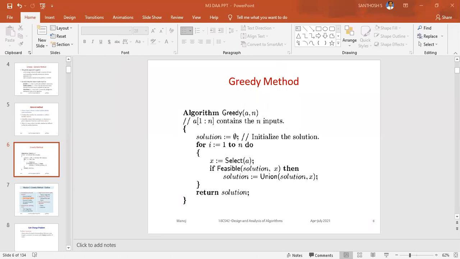Yes. What is step one? So there are two or three steps total, two steps. Okay. So in that, which is the step one you have? Step one of greedy. So what is the step one of greedy? Feasible.